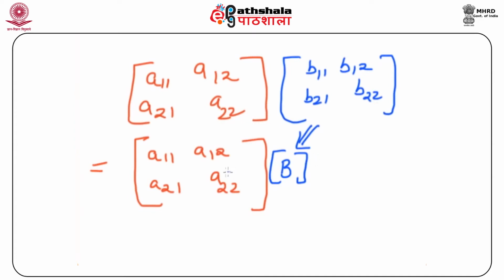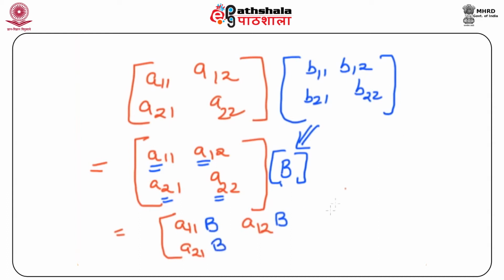What we have to do is take each element of A and multiply it with B. So this can be written as A11 multiplied by B. Similarly, you have A12 multiplied by B, A21 multiplied by B, and A22 multiplied by B.